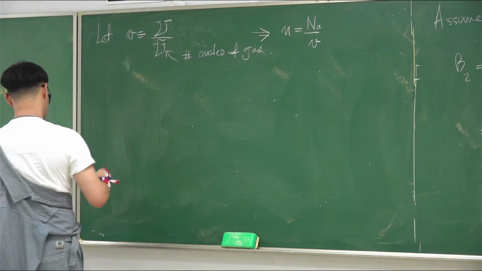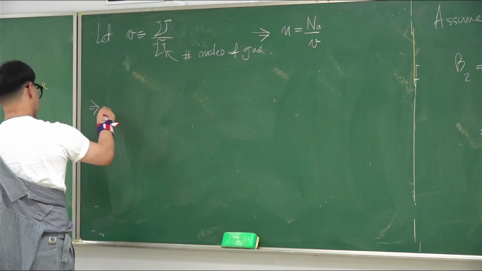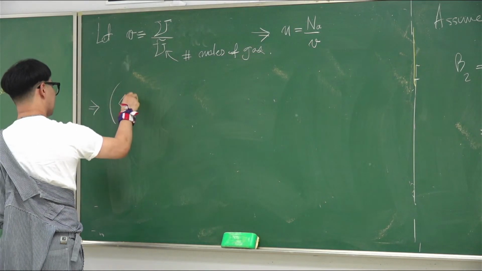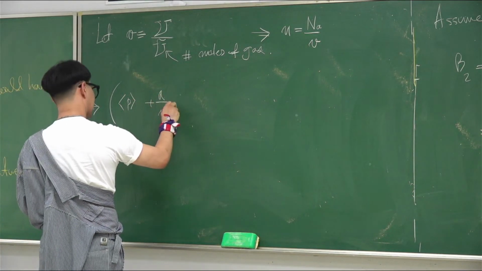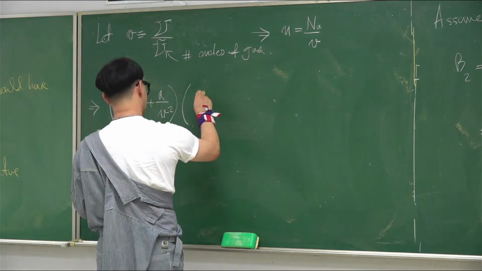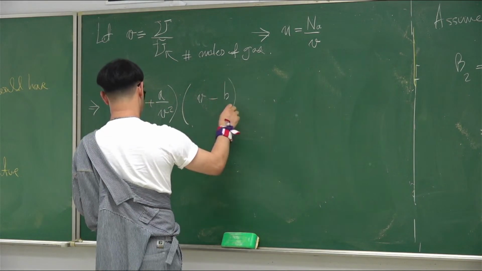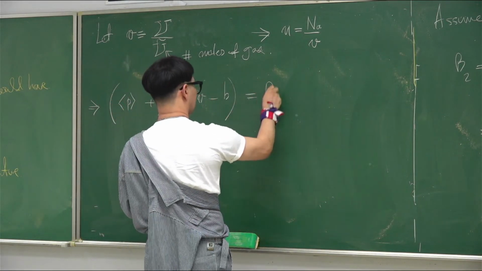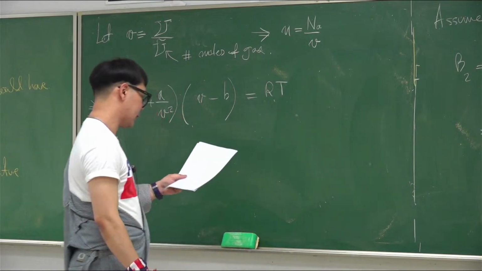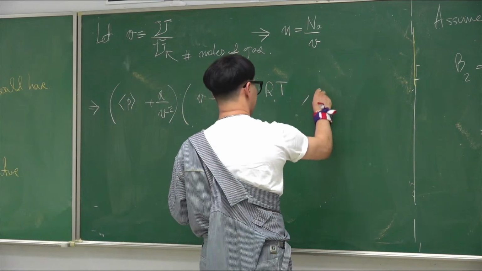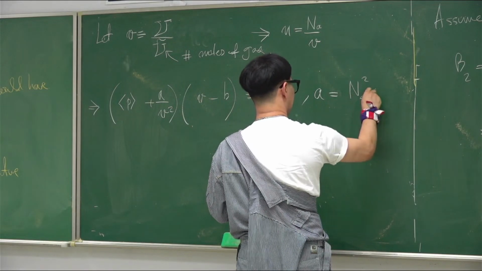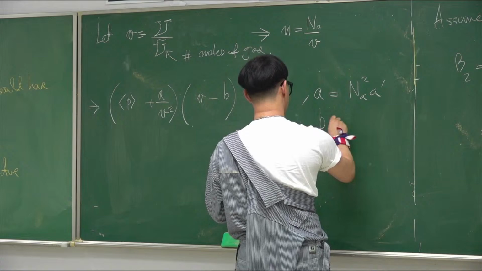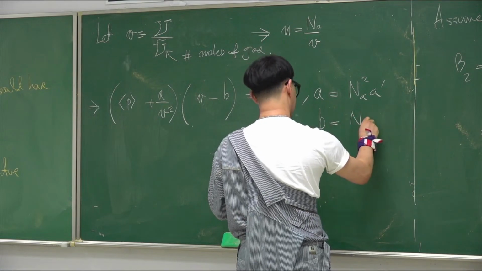So your van der Waals equation could now be expressed in this form, RT, where this new A is this one and new B is this one.